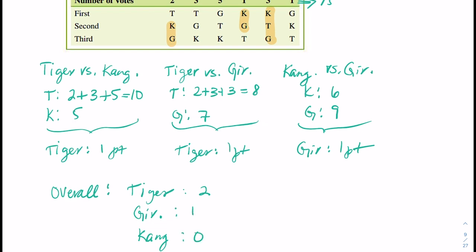So overall, that means that the tiger is the winner. In all but the plurality method, the original voting method we used, the tiger won. But in that first method, the giraffe won. So it's interesting that the giraffe didn't win in 3 of the methods.